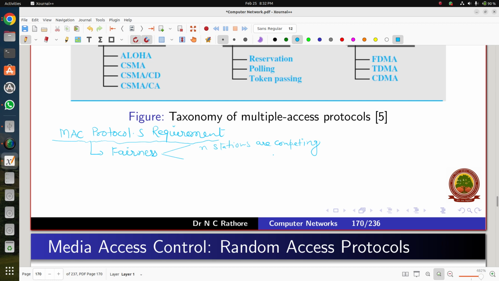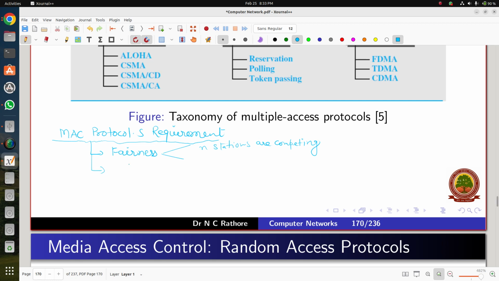You want to give priority to a certain number of nodes. In some cases the requirement may be that you want to give certain nodes higher priority in comparison to others. In that case you may not be worried about fairness, and you can ignore this feature. But in some cases it may be very important that every station should get a fair chance for transmission.